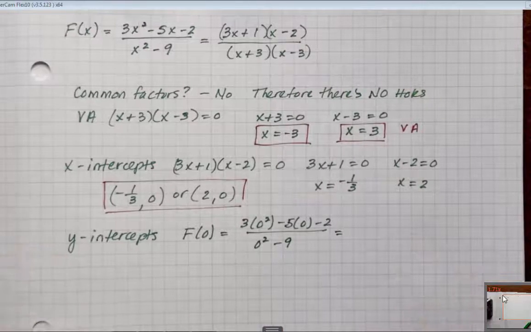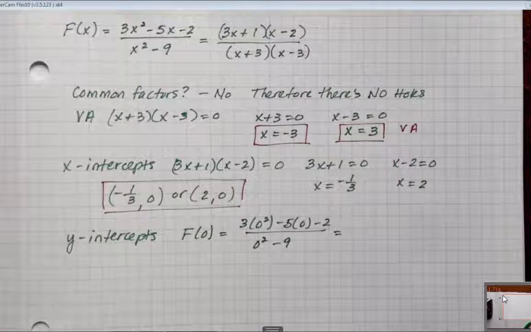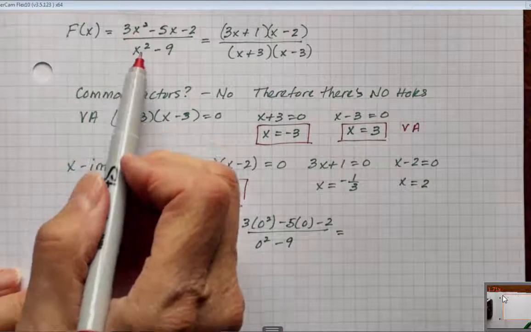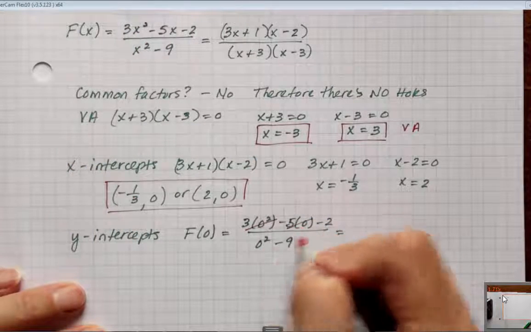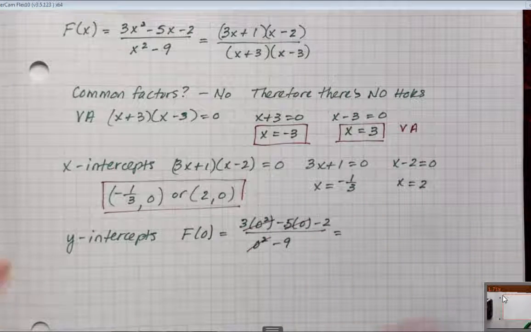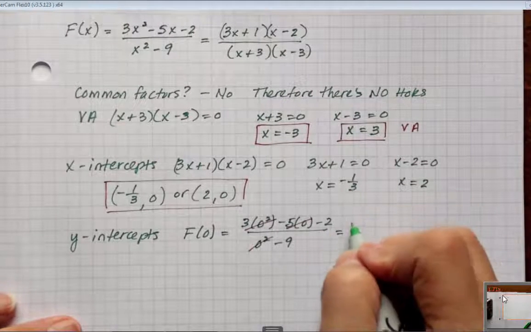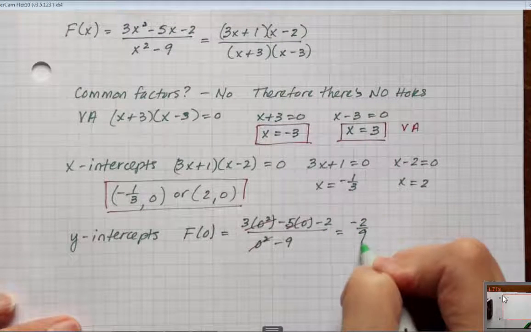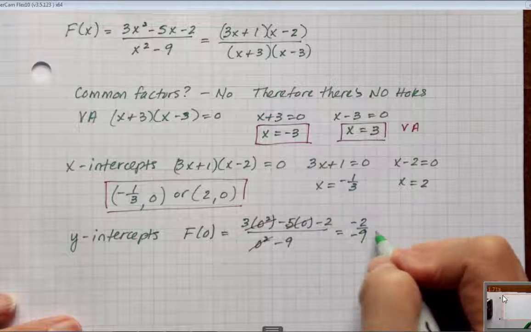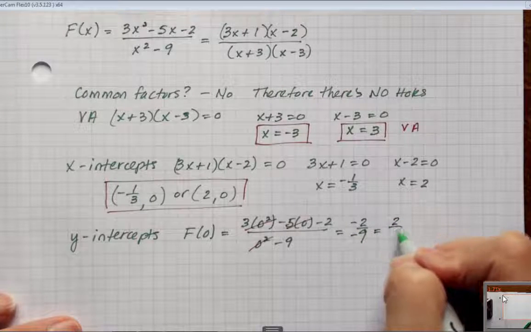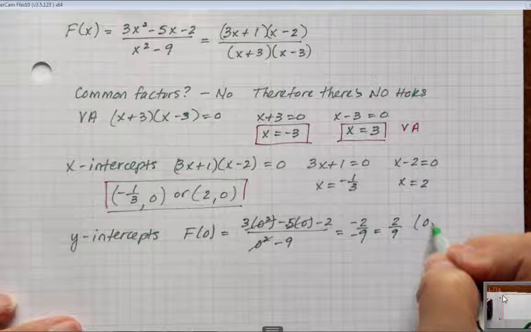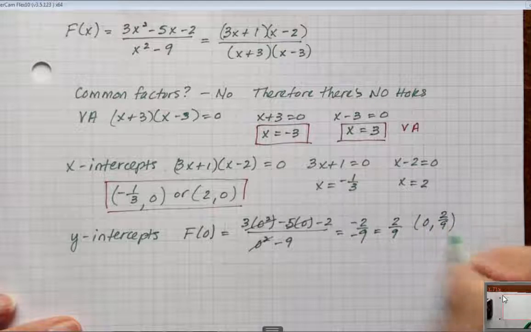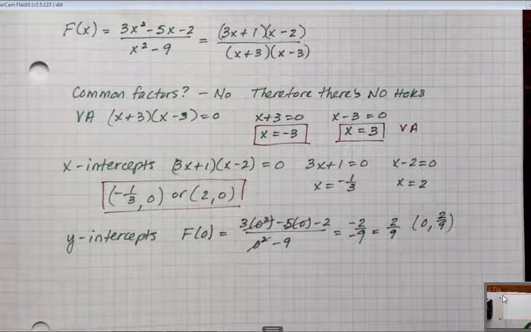Notice what happens when you put in 0 wherever there is an x in your original function. All those terms disappear, and we're left with f of 0 equal to negative 2 over negative 9, which equals 2/9. So my y-intercept has coordinates 0, 2/9. That's an important point also.